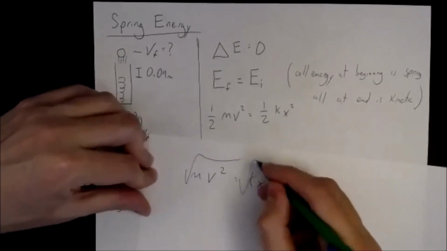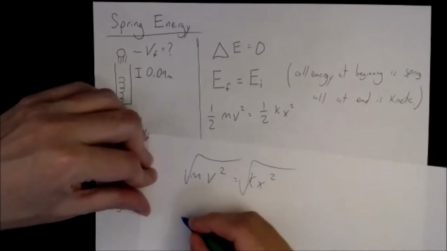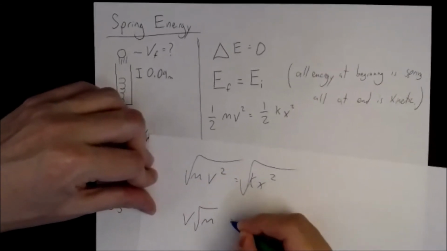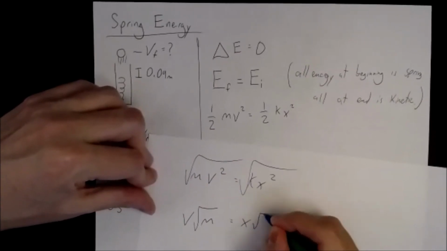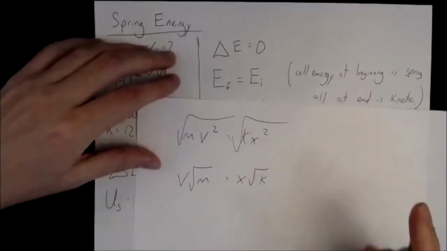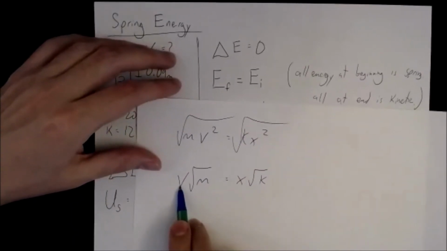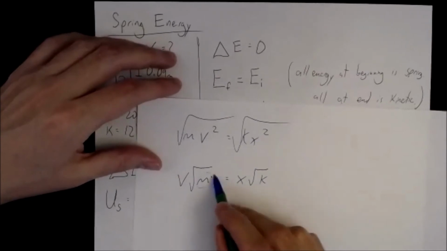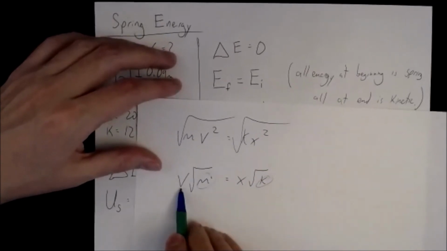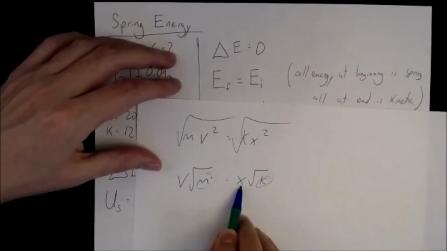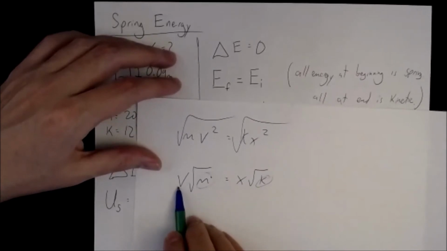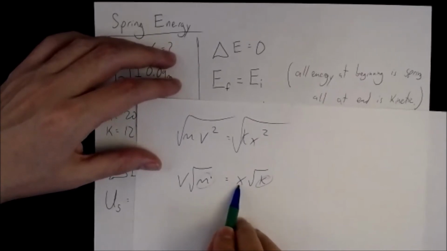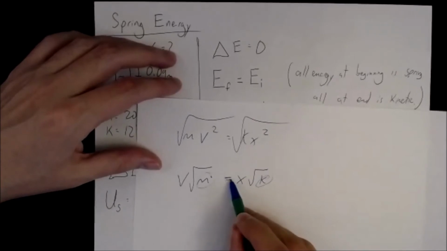Take the square root of both sides, and you get v times the square root of m is equal to x times the square root of k. And so if you increase v, you increase x. If you're keeping m and k the same, then doubling v means you have to double x. And multiplying v by 5 means you have to multiply x by 5, because they are equal to each other.